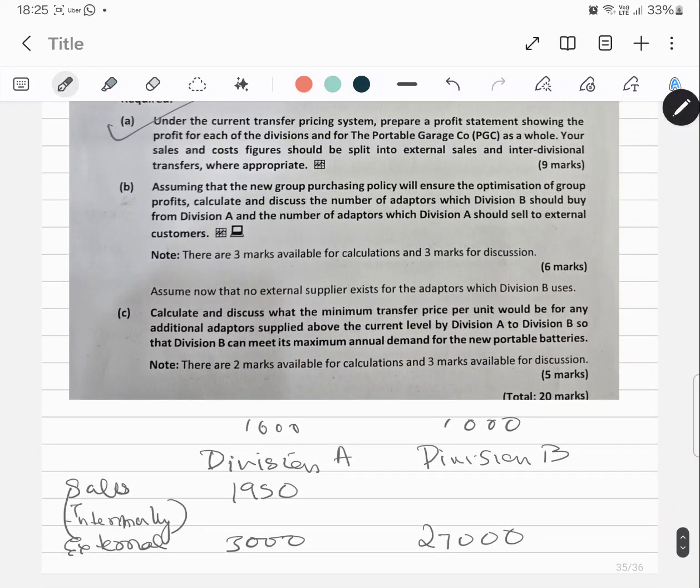B part, it's asking, assume that the new group purchase policy will ensure the optimization of group profits. Calculate and discuss the number of adapters which division B should buy from division A and the number of adapters which division A should sell to external customers.